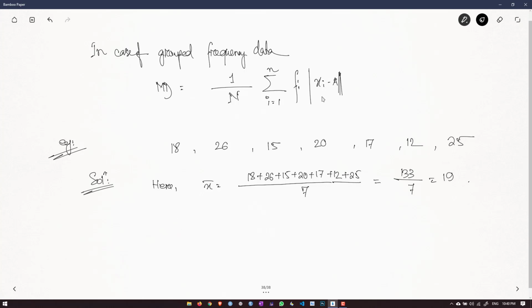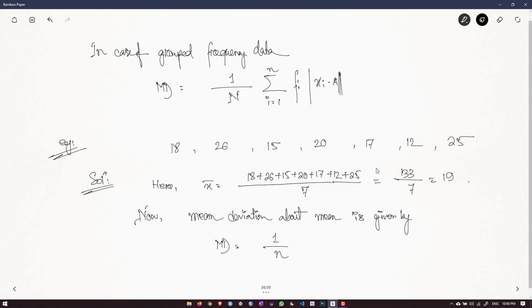So this is the average. Now we have to find the mean deviation. Mean deviation about mean is given by 1 by n summation i goes from 1 to n modulus of xi minus a.